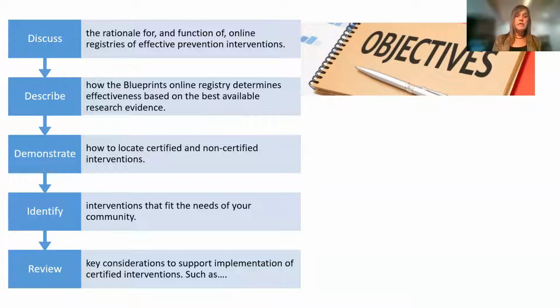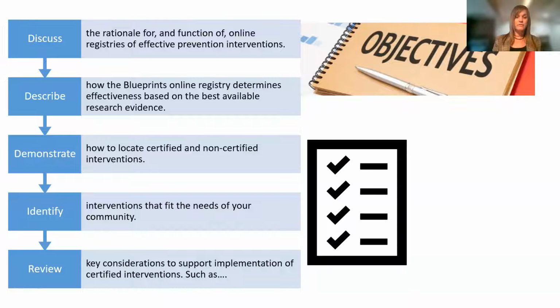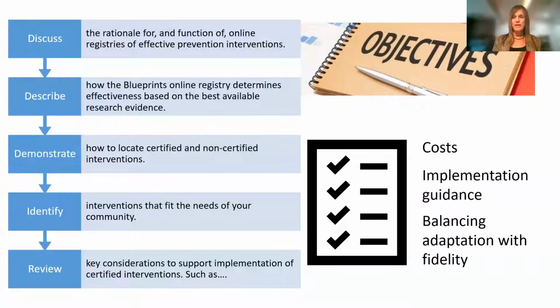Then we'll review key considerations to support implementation of certified interventions, such as how much those interventions cost and what kind of guidance is provided in terms of how to implement with fidelity. And then how do you balance adaptation with fidelity to those core components?